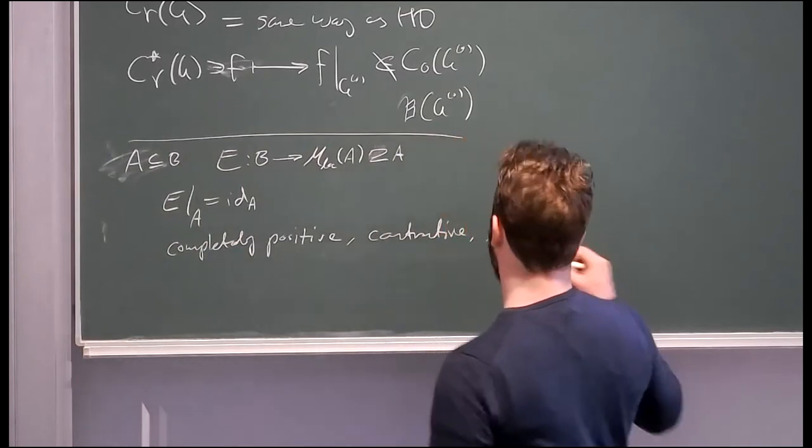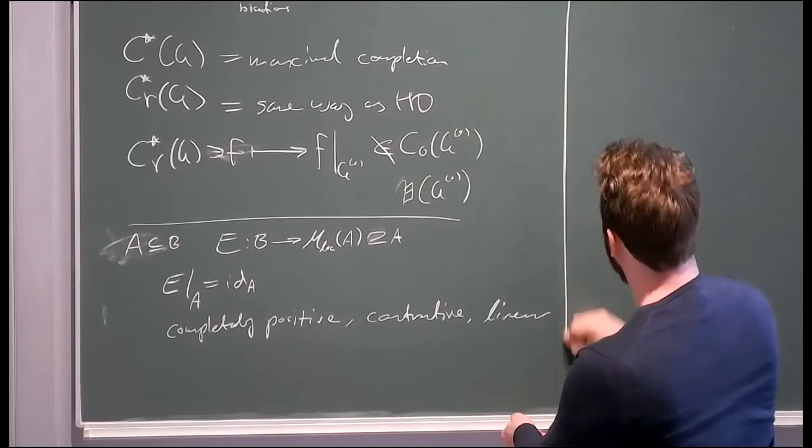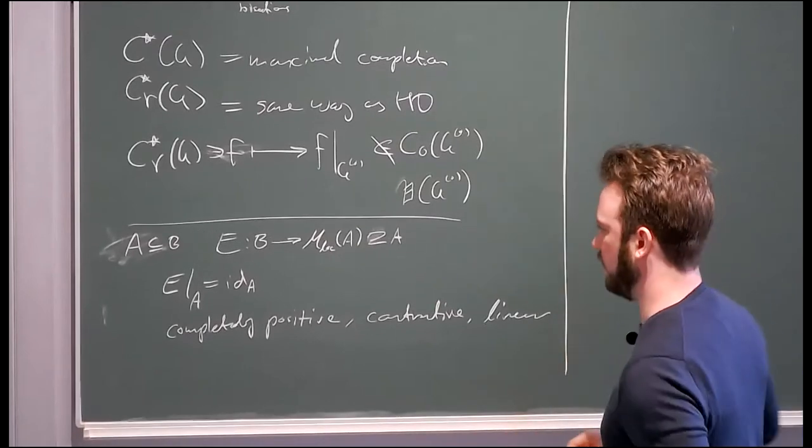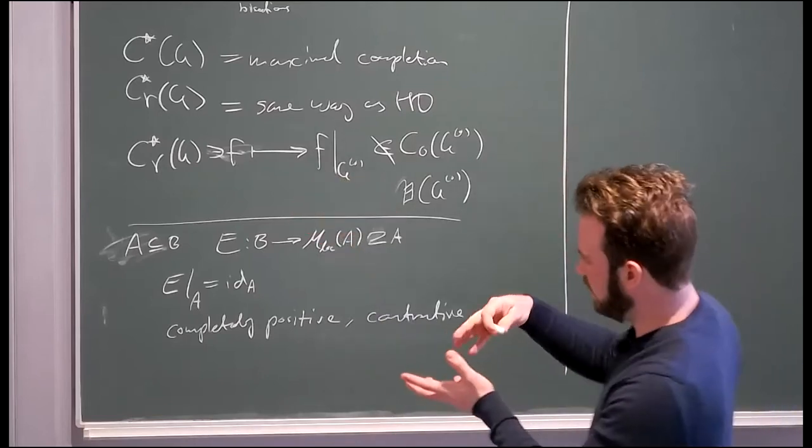Of course, it should be linear. So this is what sometimes is called a generalized expectation. You can think of it as a projection down to A.